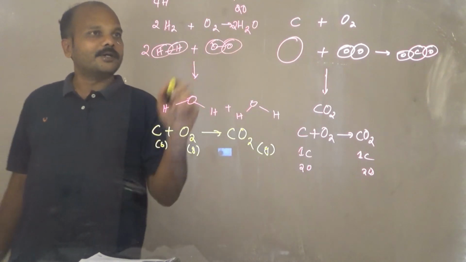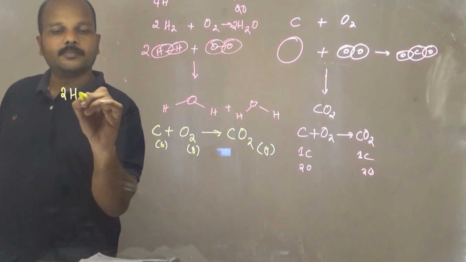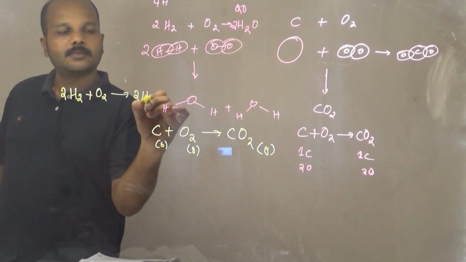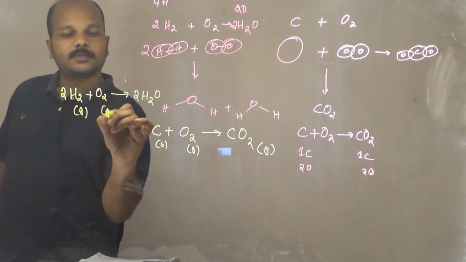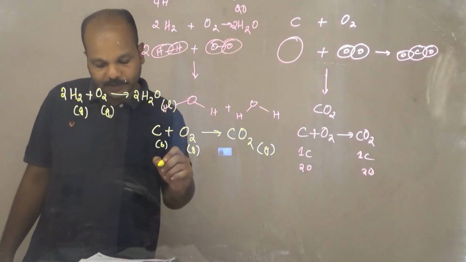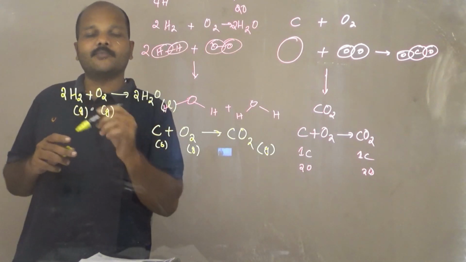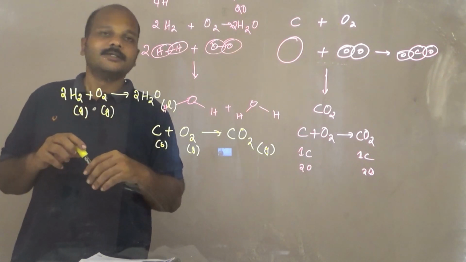Now for this particular reaction, for example, 2H2 plus O2 gives 2H2O. This is gas, this is also gas, and this is liquid. This L symbolizes liquid, and G symbolizes gas.